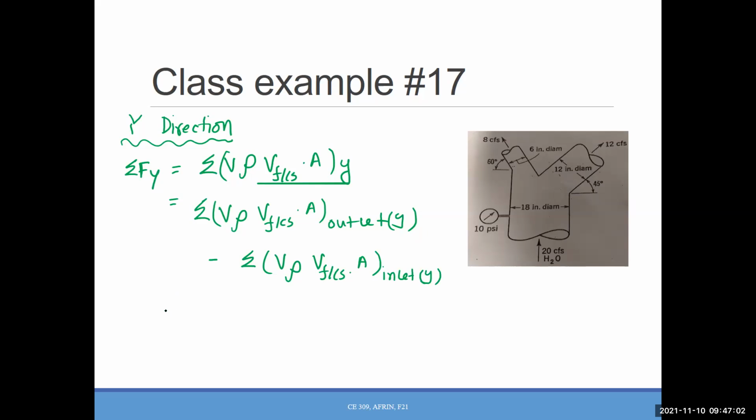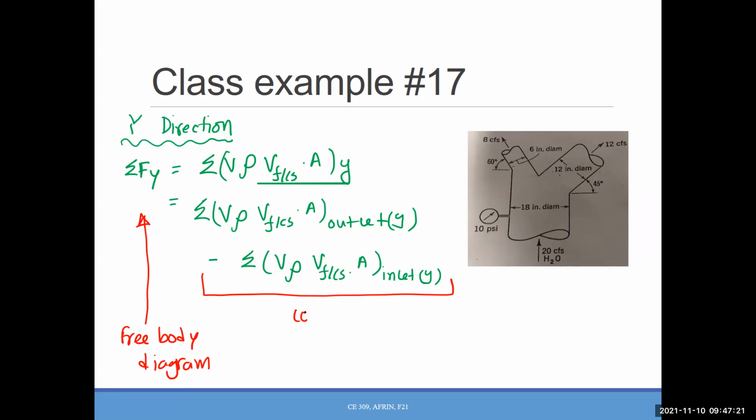Okay, again for Fy, we will use the free body diagram. And for this one, we will use the control volume diagram. And this is equation number 2. Okay.